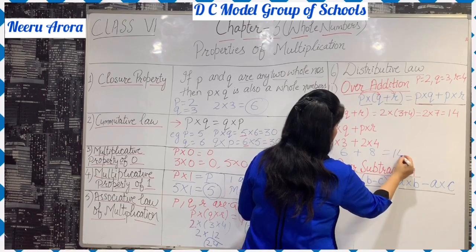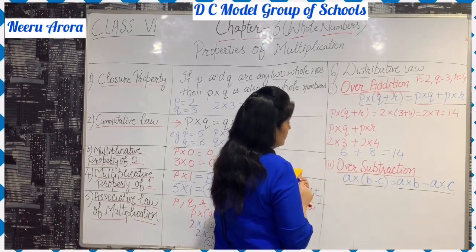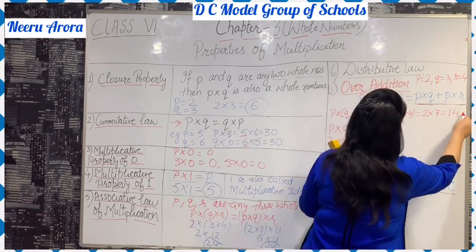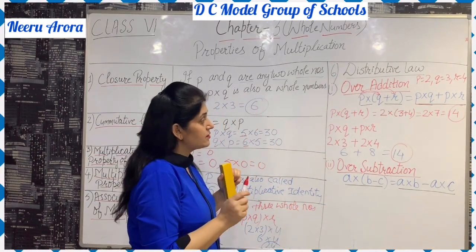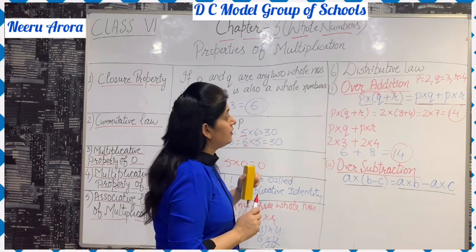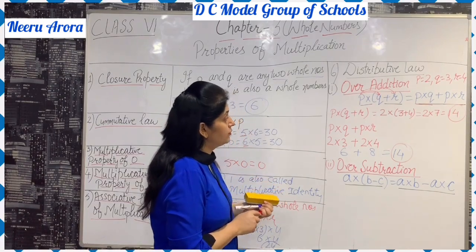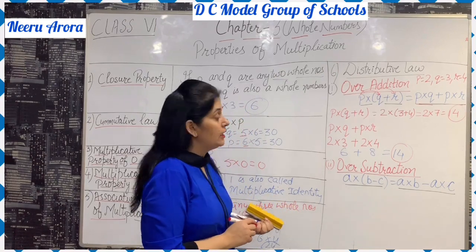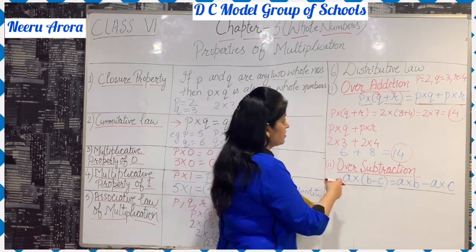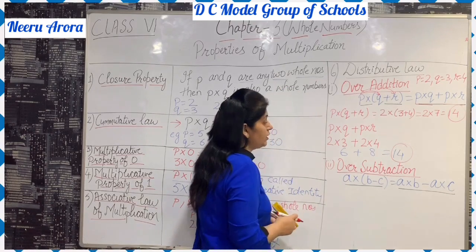We get 14. So this is our left hand side, and this is our right hand side, but it is the same. So this is our distributive law of multiplication over addition.